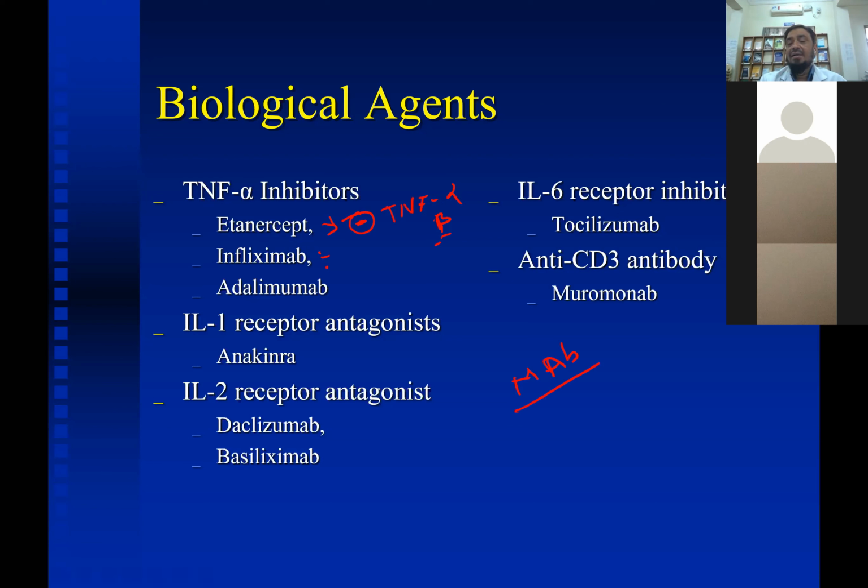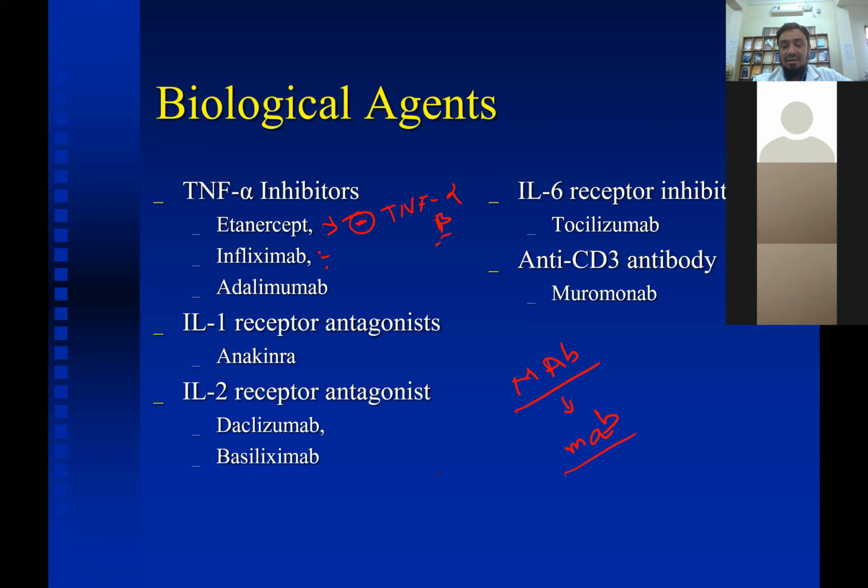And polyclonal antibodies are directed against many antigens. All the monoclonal antibodies end with MAB. So infliximab, adalimumab, daclizumab, basiliximab, tocilizumab, muromonab, they are all monoclonal antibodies.